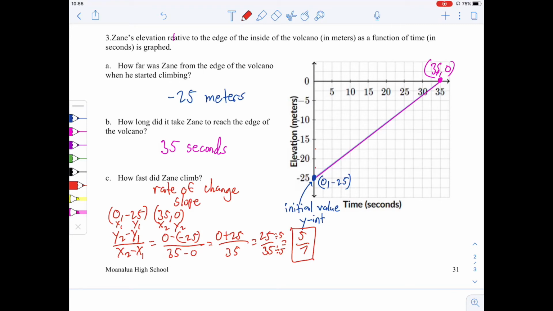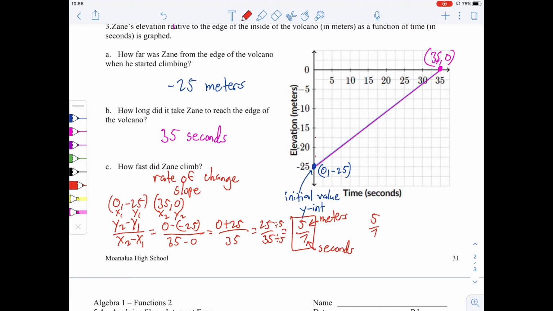So our rate of change is 5 over 7. Well, what does that mean? Our rise is meters, and this is seconds, because it's dealing with meters per second. 5 over 7 meters per second.